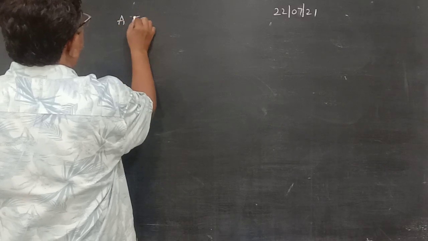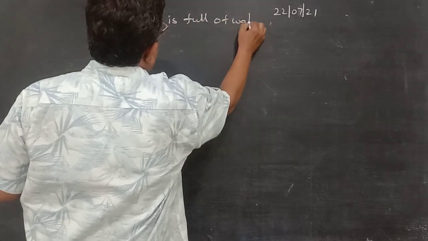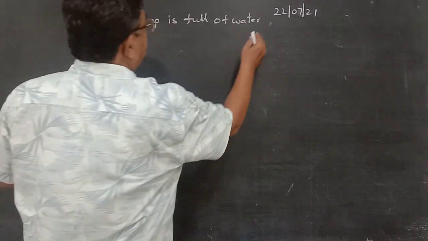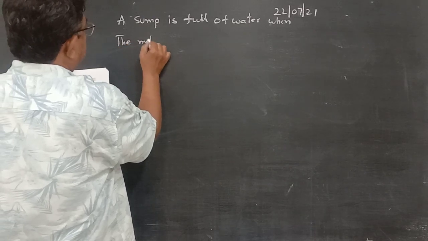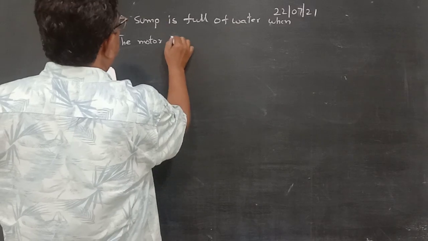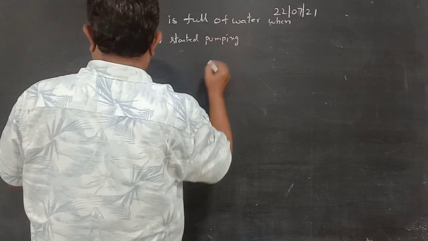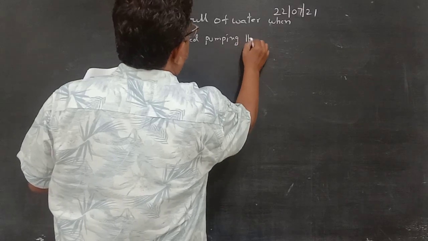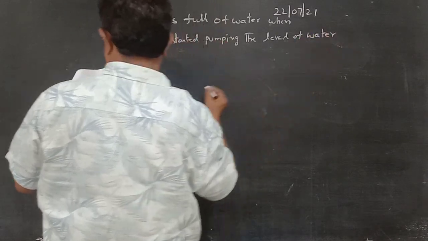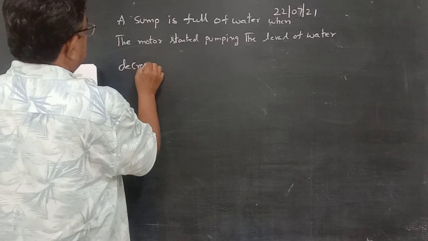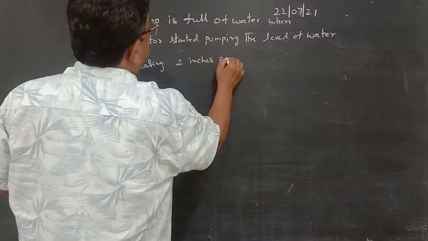A sump is full of water. When the motor started pumping, the level of water is decreasing 2 inches per minute.